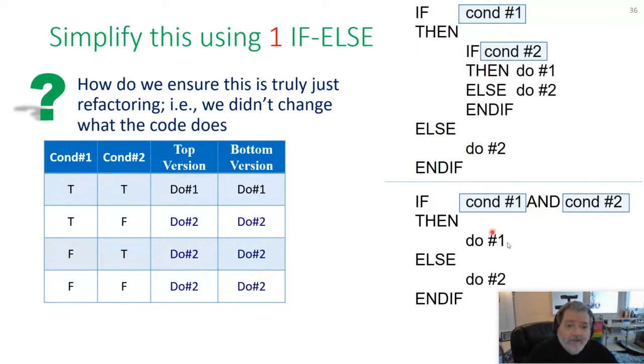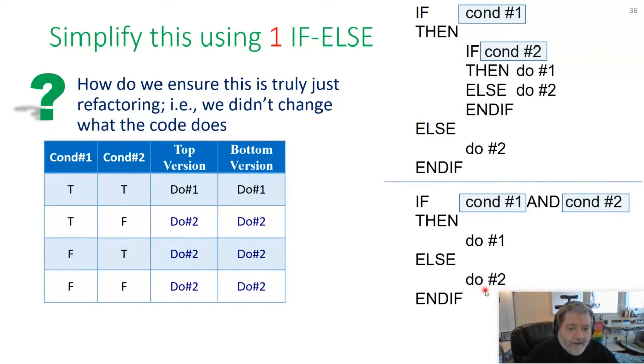If condition 1 and condition 2, do 1, else do 2. I do the truth table for this. When condition 1 is true, and condition 2 is true, then I'm going to execute do 1. Perfect. When condition 1 is true and condition 2 is false, then this whole expression is going to be false, right? So I'm going to execute do number 2. Same thing when condition 1 is false and condition 2 is true, the whole thing is going to be false.